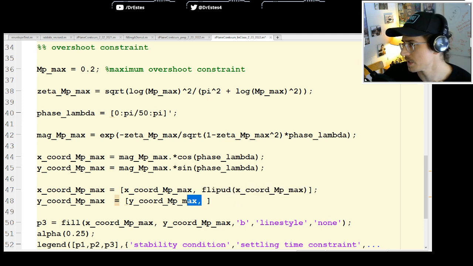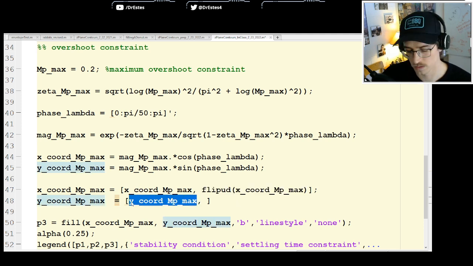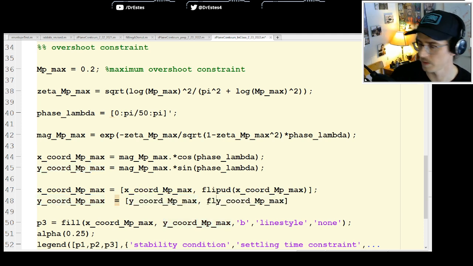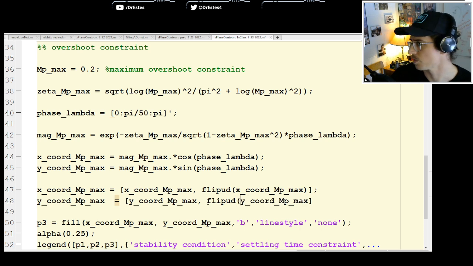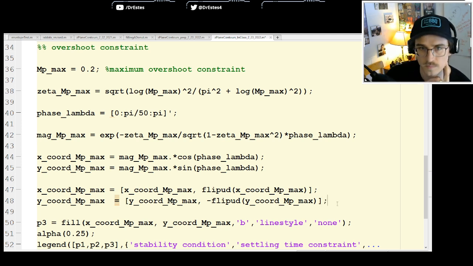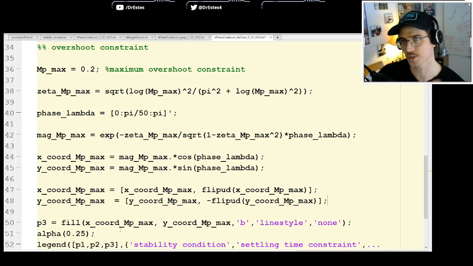Then we have to do the same thing with the y coordinate. So I'm going to flip it up and down because we're coming from the other side, but we have to make it negative so that it completes the other side of the heart. The reasoning for this just goes back to that picture that I drew earlier.